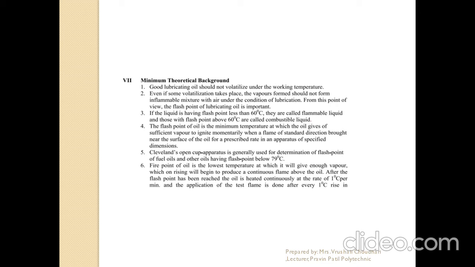So mostly we determine the flash point of a flammable liquid like kerosene. The fire point of an oil is the lowest temperature at which it gives enough vapor to give a continuous flame.